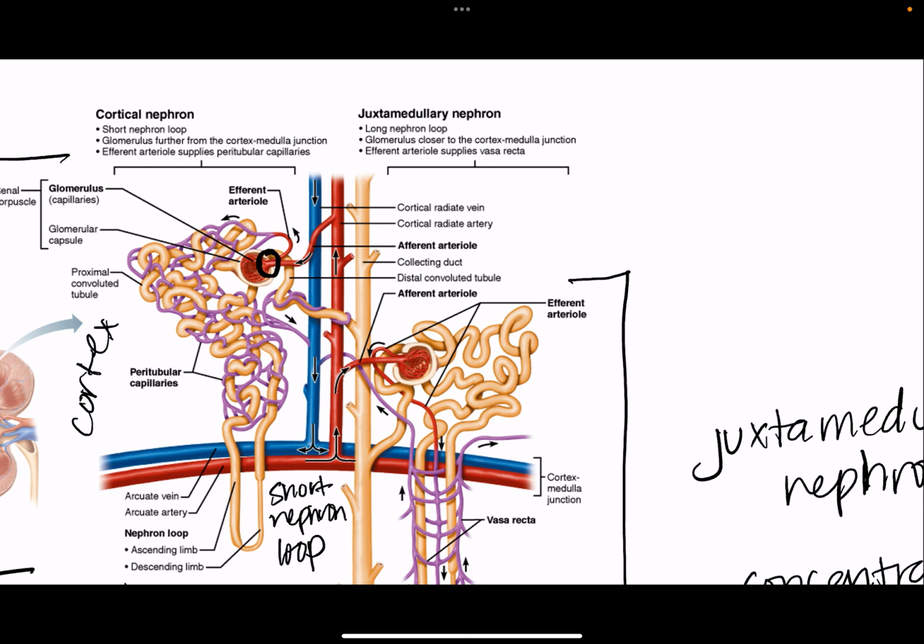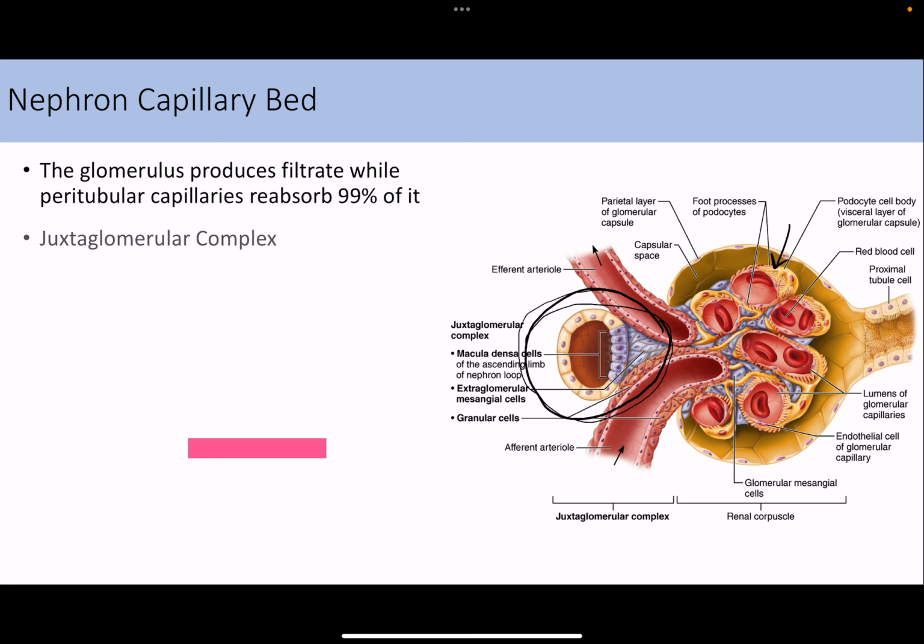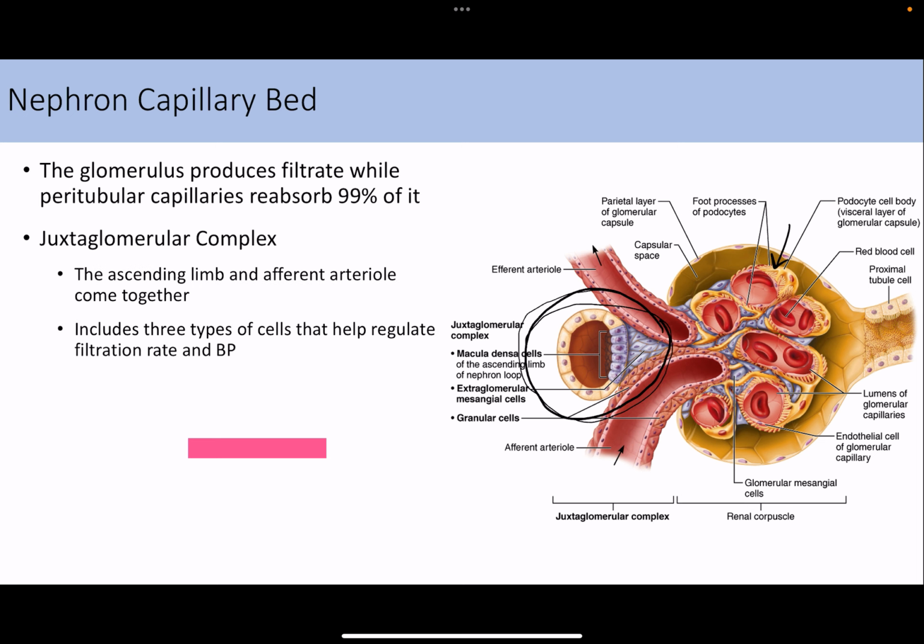Now, your textbook may say, I know they say two different things about where it's actually located. So the juxtaglomerular complex, I think your book says it's the ascending limb. This would be the ascending limb, but the pictures make it look like it's more like the distal convoluted tubule. That really doesn't matter to me which one you say it belongs to, because it all depends on the length of the nephron and all of that.